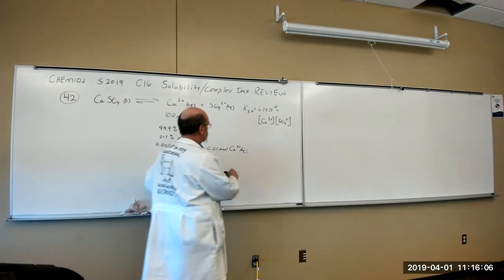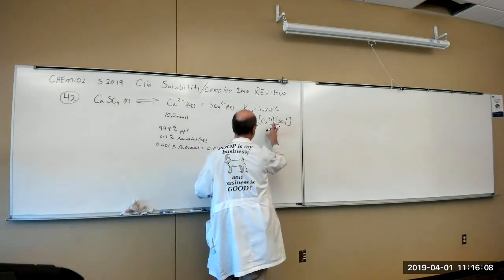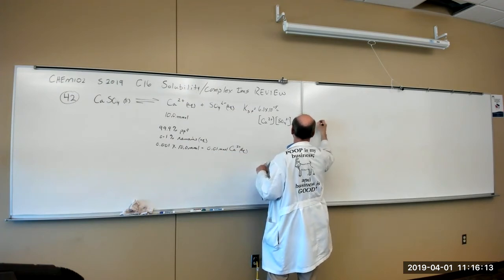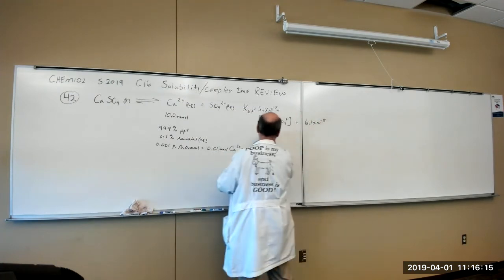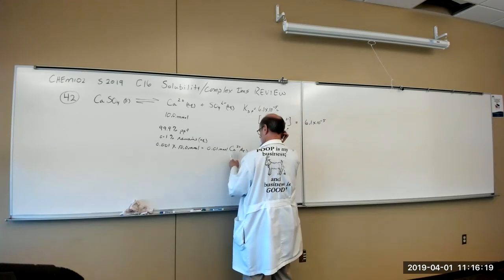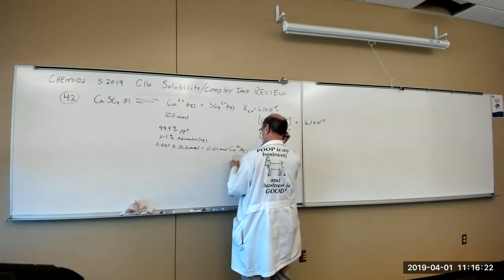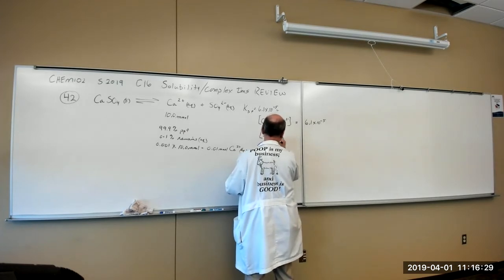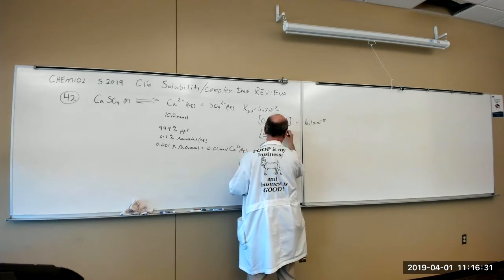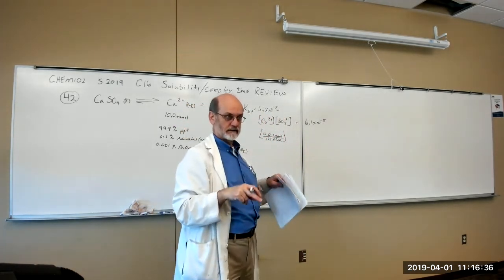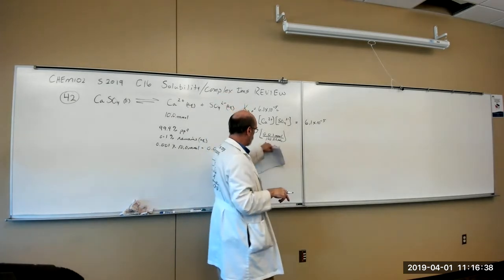Okay. So now we have this expression that's equal to 6.1 times 10 to the minus fifth, and we know our calcium concentration is 0.01 divided by how many milliliters? 100 milliliters. Right. And remember, millimoles divided by milliliters is molar. So that's molar.